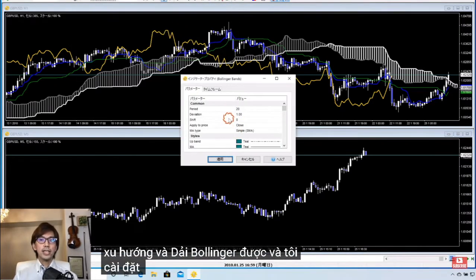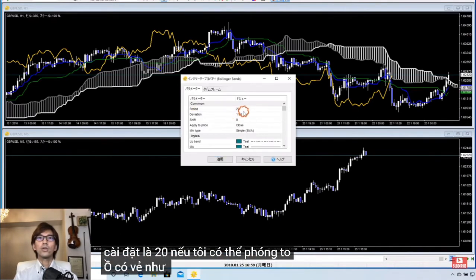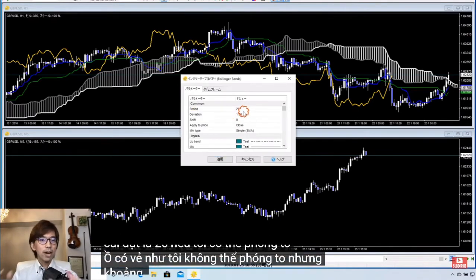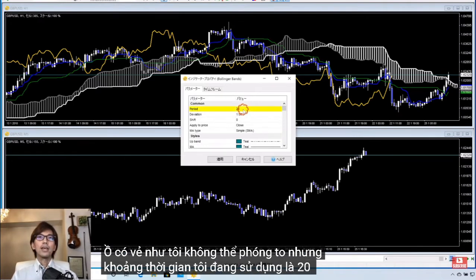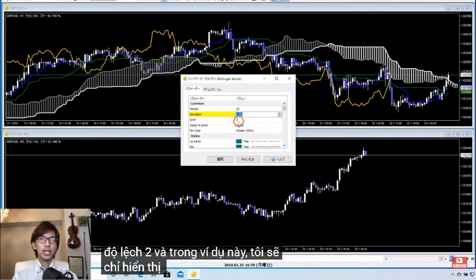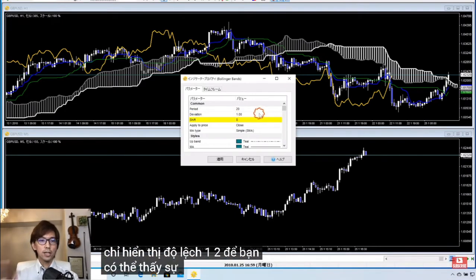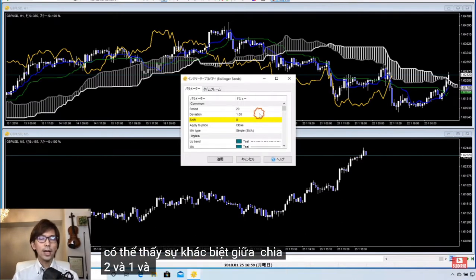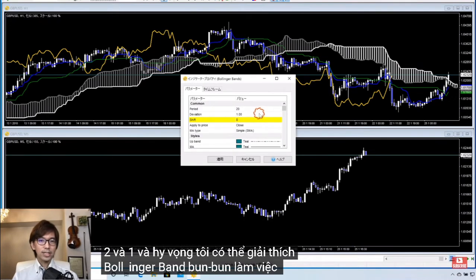Okay, and my setting is 20. If I can zoom in. Oh, looks like I cannot zoom in, but the period I'm using is 20. And I take deviation 2, and in this example I will also show deviation 1, so that you can see the difference between deviation 2 and 1, and hopefully I can explain how the Bollinger Bands work too.